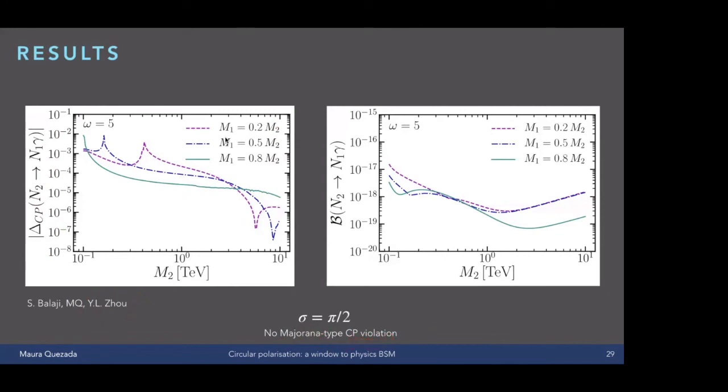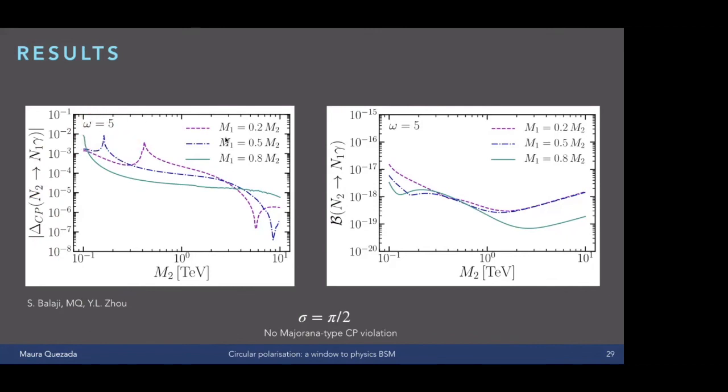So the only sources of CP violation here are the loop itself and the delta CP violation phase from the lepton mixing, because the Casas-Ibarra phase is also set to be real.